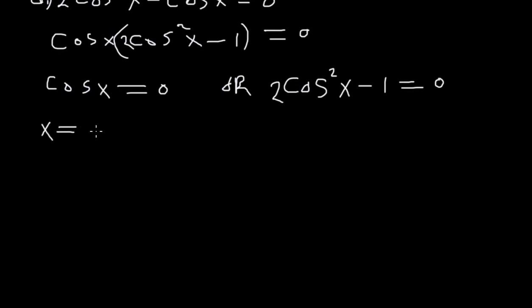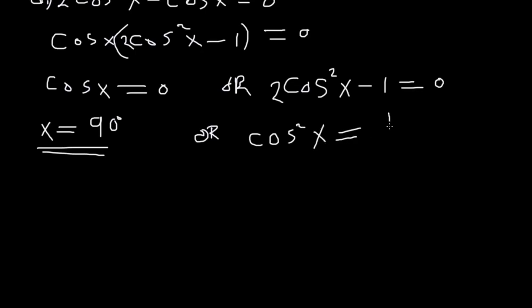The cos inverse of 0, you find it to be 90 degrees. And on this side, when you make your cos squared x the subject, you're going to have something like this.